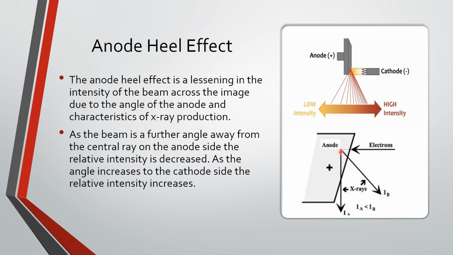Towards the anode side, as we go farther and farther this way, the X-rays have more material to get through, okay? If this angle was greater, if this was just straight up and down, everything on this side of the central ray would have to go completely through the anode to get out, and it would have to go farther and farther due to trigonometry.